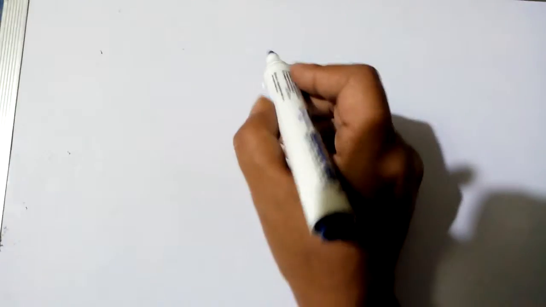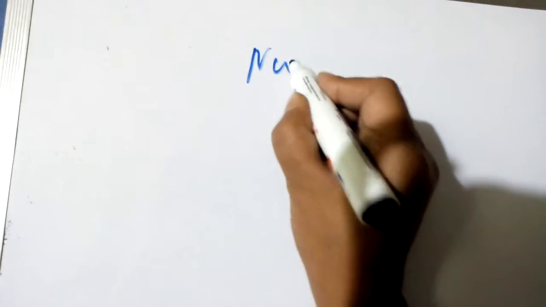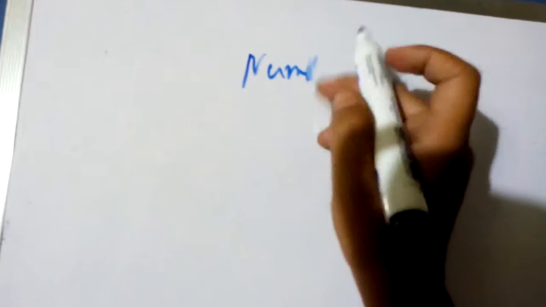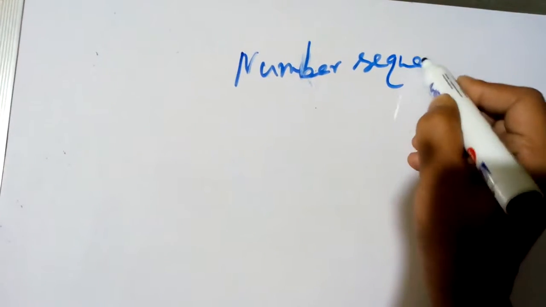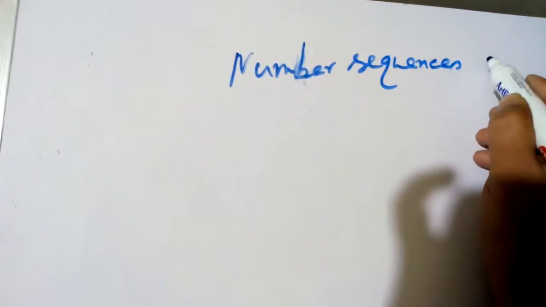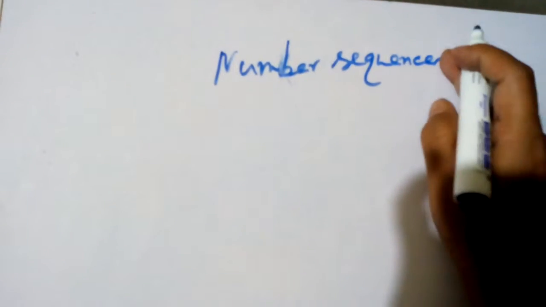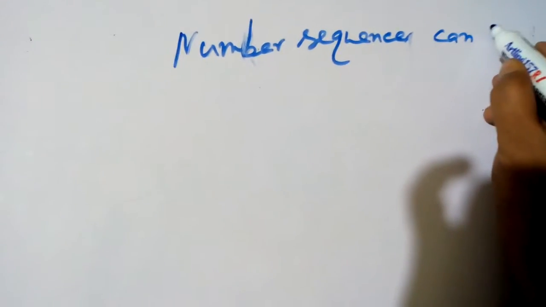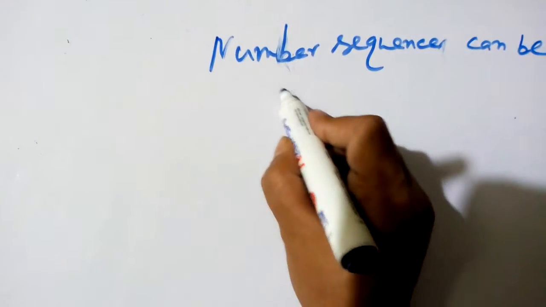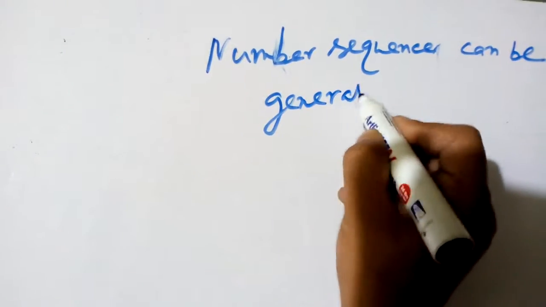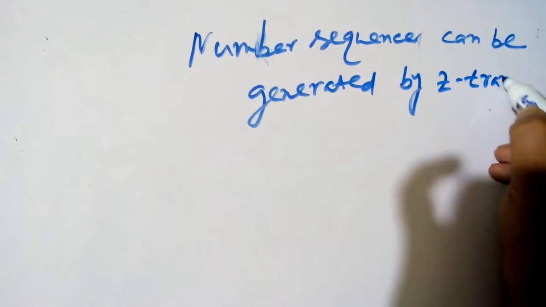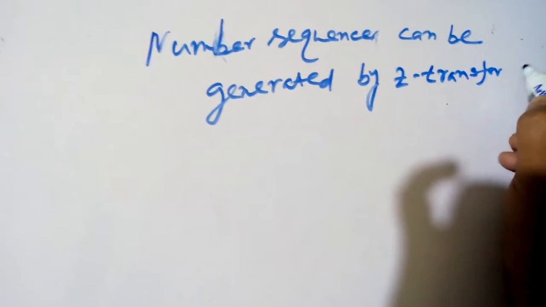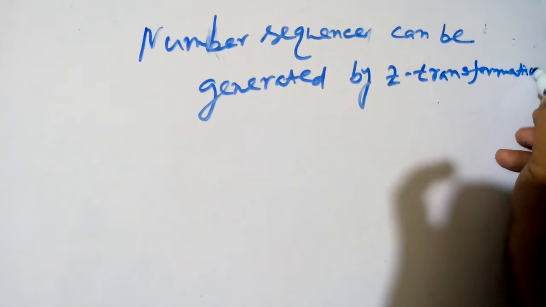Basically, number sequences can be generated by Z transformation.